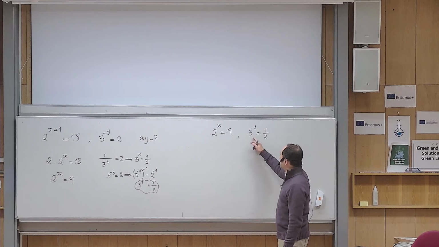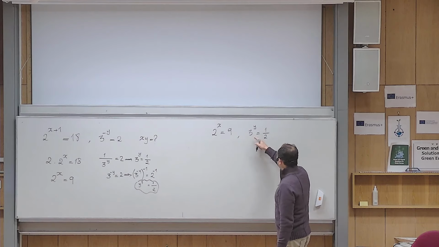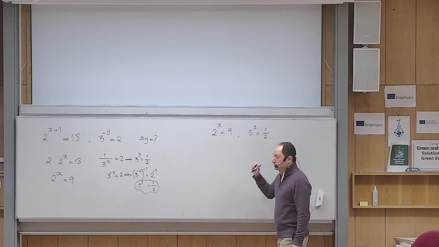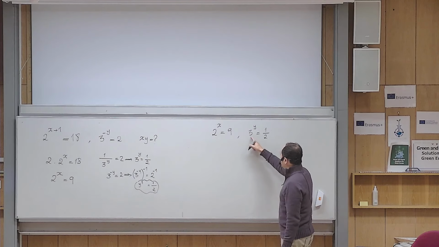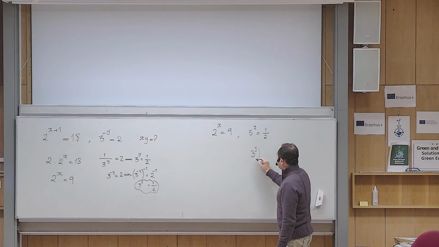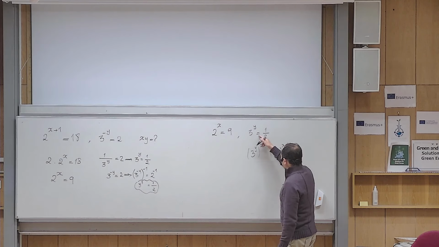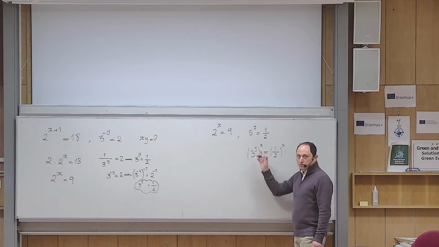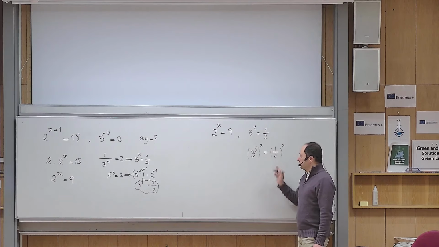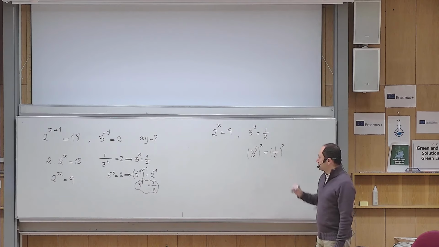But I can raise both sides of this equality to the power x. This is valid because if two numbers are equal and I do the same thing to both, the results will also be the same.